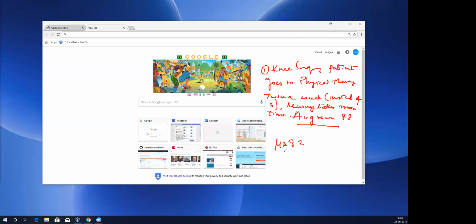And if the hypothesis is wrong, right? If the hypothesis is correct, and you understand that every data is normally distributed, what will be the mean of it? More than 8.2. Average is 8.2.